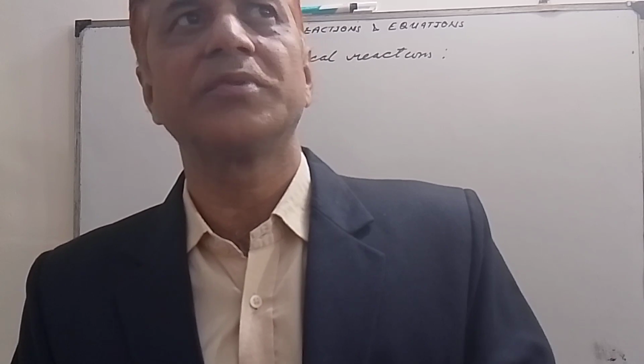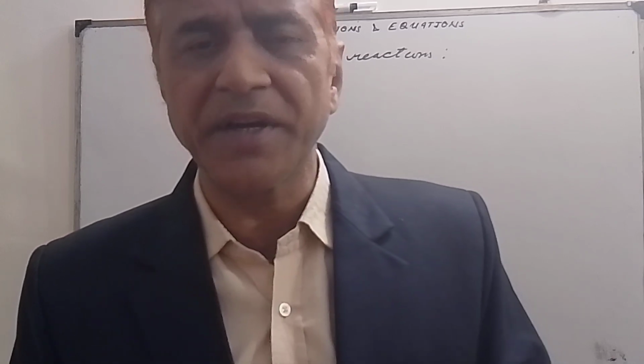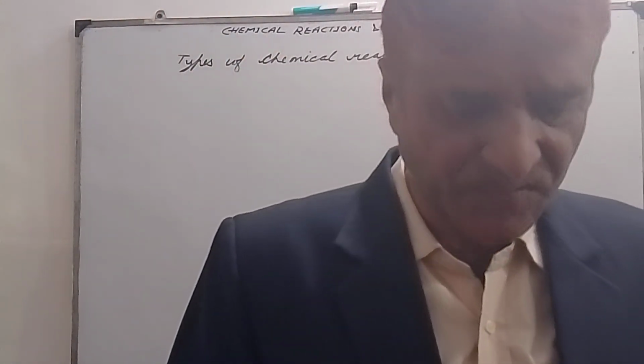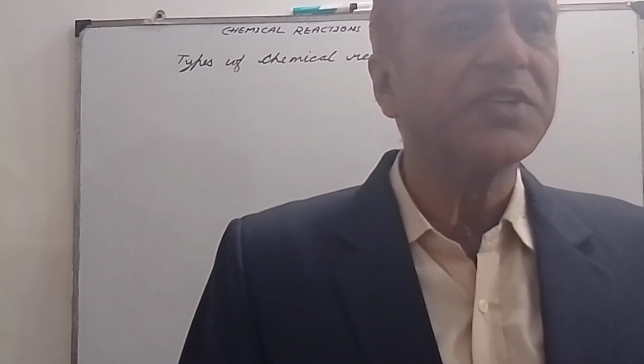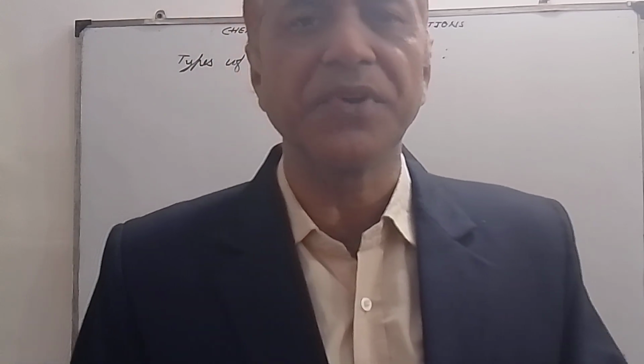I had told you with an example also: silver bromide is very sensitive to light, so when light falls on silver bromide, it splits up into silver metal and bromine liquid. Students, this we have studied in our previous video.